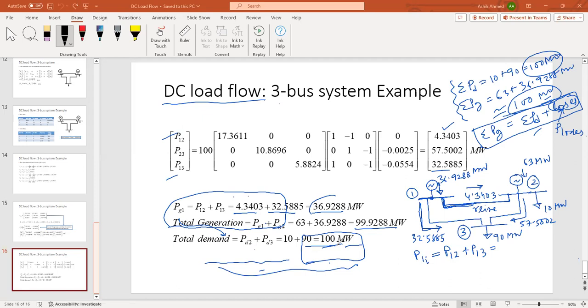That's why during the discussion of the DC OPF, I deviated from that discussion. Now the DC load flow example as well as the DC load flow formulation is complete. So in the next lecture, we will go back to the DC OPF slide, and we will start from where we left there.